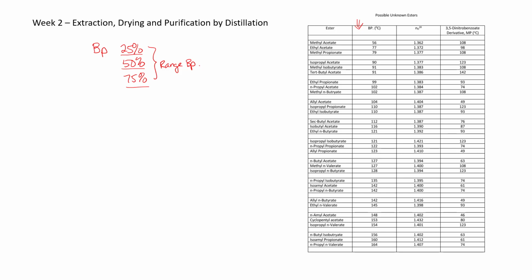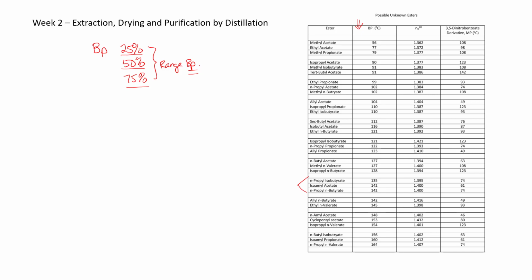Okay. So what that does is that gives us the boiling point of our unknown mixture. So for the molecule that I'm going to show you, and I have to remember exactly what it is, let's just make something up. Let's just say, for instance, none of these are potential unknowns.